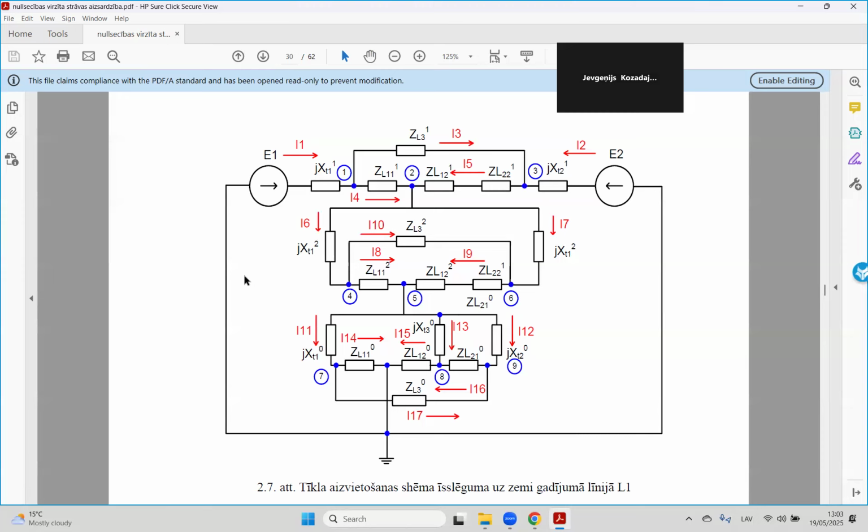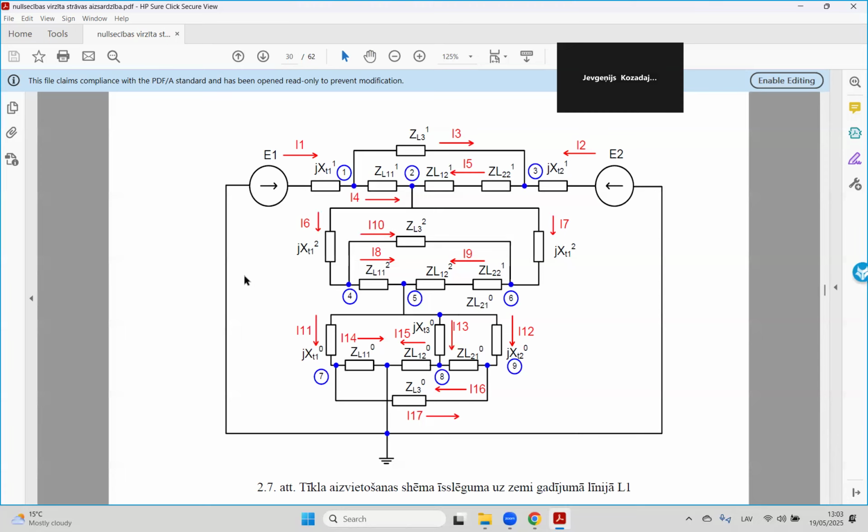We are ignoring it. For every branch, we draw a current direction in red. We can draw it however we want, because the result of our calculation, where we will get the values for every current in every branch, will say whether our chosen direction is right or opposite.